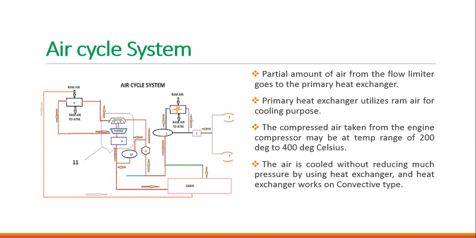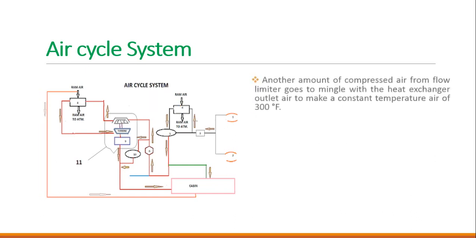The compressed air taken from the engine compressor may be in the range of 200 to 400 degrees Celsius. So the air from the compressor is cooled without reducing much pressure by using this heat exchanger. That is the work of the heat exchanger.